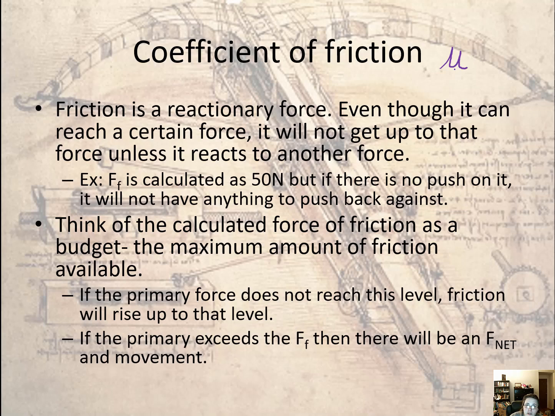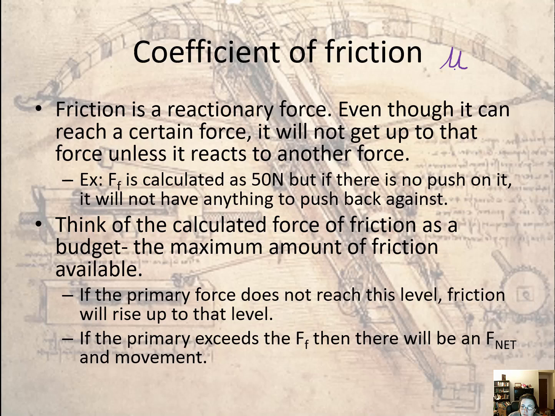That means that even though it can reach a certain force, it won't actually get there unless another force reacts to it. So if the frictional force is calculated as something like 50 newtons, but there's no push on it, then it doesn't have anything to push back against. So you can kind of think of it as like a budget. There's a maximum amount of friction available, but it may not get to that amount.